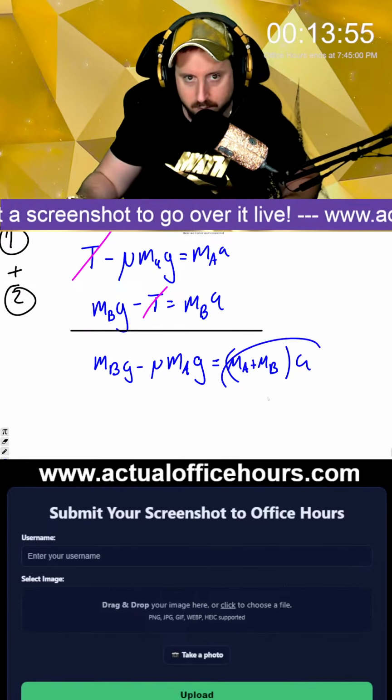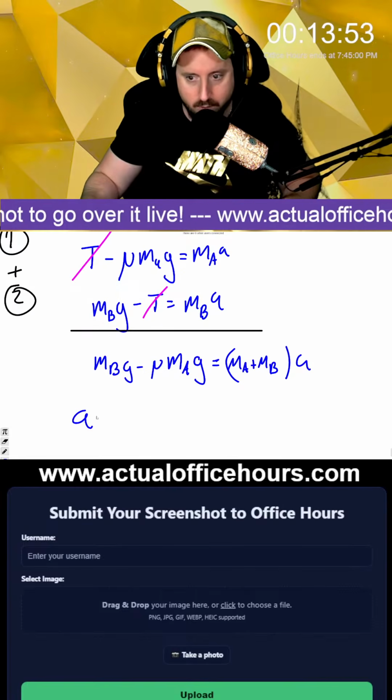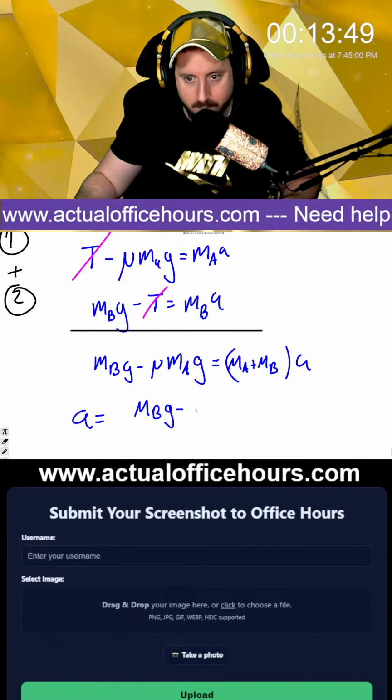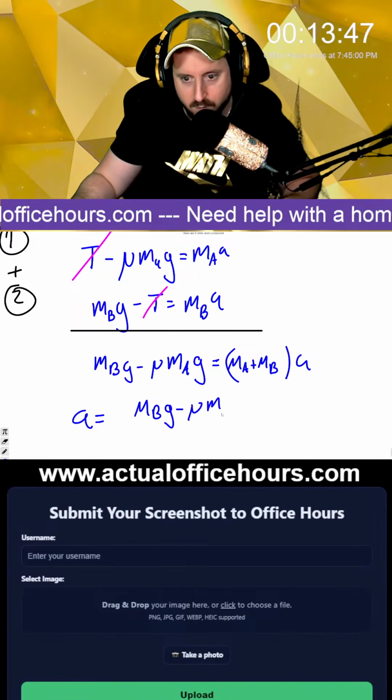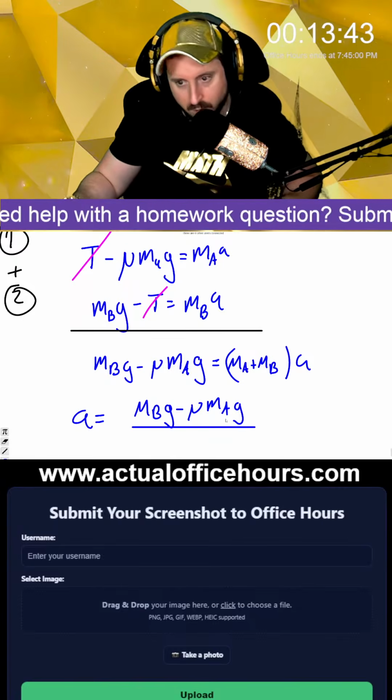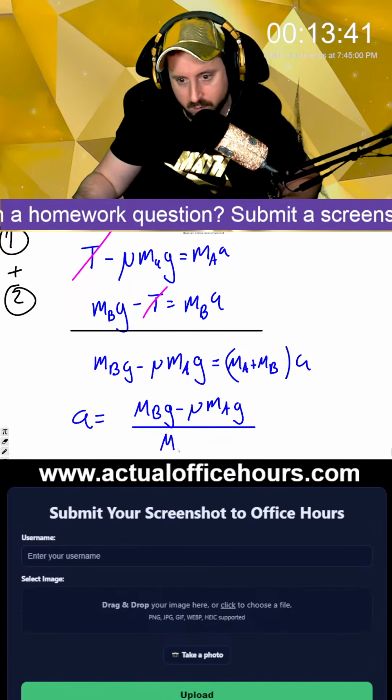So I can group that together, like factor it, and then finally I get, okay, well, acceleration is equal to MBG minus mu MAG all over MA plus MB.